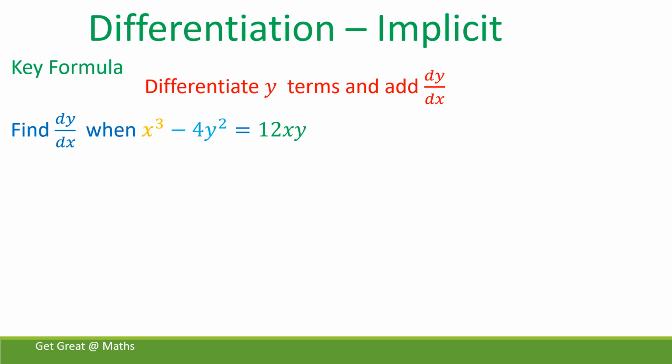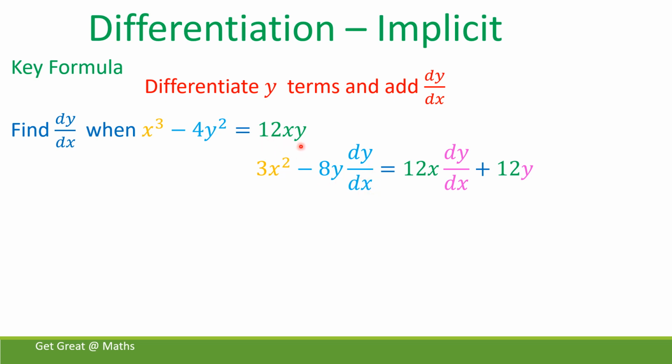So the differential of x cubed is just 3x squared, nice and easy. The differential of 4y squared, now 2 times 4 is 8, so 8y, take 1 to the power of 1, and because this is a y term, I need to put dy by dx afterwards. So this becomes minus 8y dy by dx.